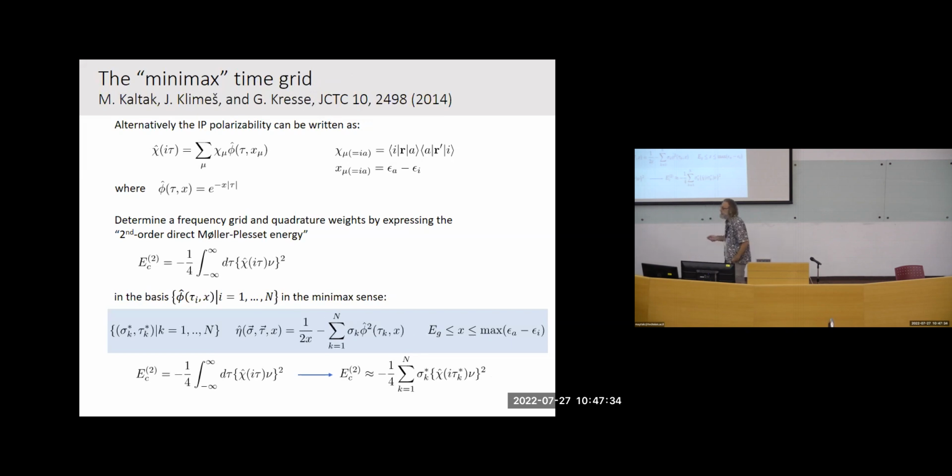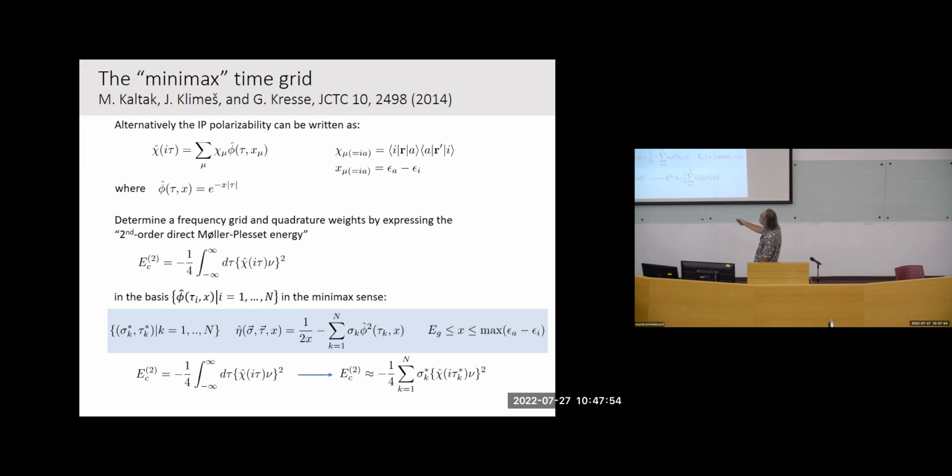So the same thing can be done for the time grid, a separate problem, but completely analogous. So you have the same function, but now of a different form, because we have transferred it into the time domain.